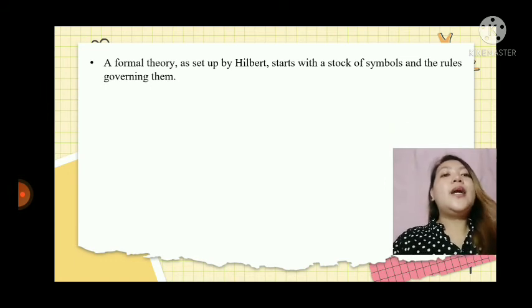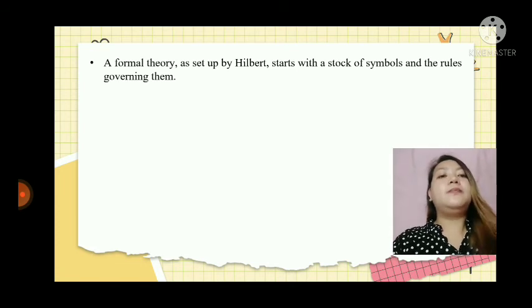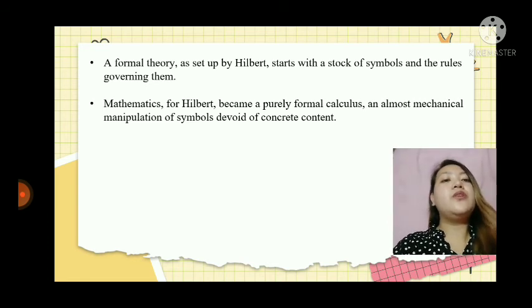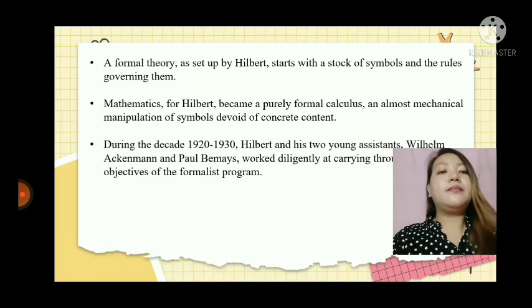A formal theory, as set up by Hilbert, starts with a stock of symbols and the rules governing them. Mathematics for Hilbert became a purely formal calculus, almost mechanical manipulations of symbols devoid of concrete content.